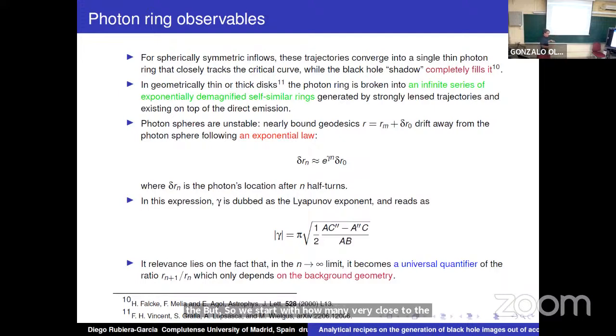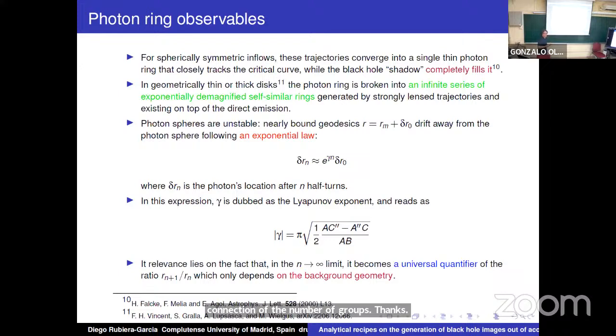We can take the geodesic equations, perturb, retain terms at first and second order, and integrate the equations to see what happens after a number of turnings of the photon around the black hole. And you get this equation: the location of the photon after n half turns is the original location, meaning slightly displaced from the photon sphere, times the exponential of the number of loops times this factor gamma, which is a number.